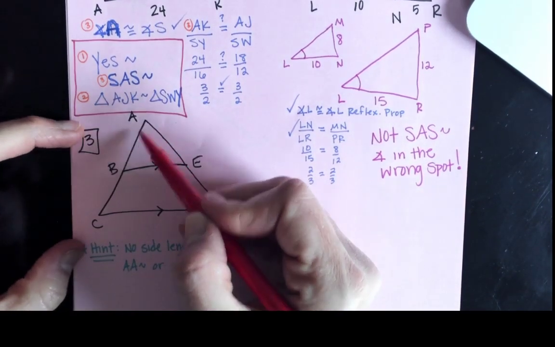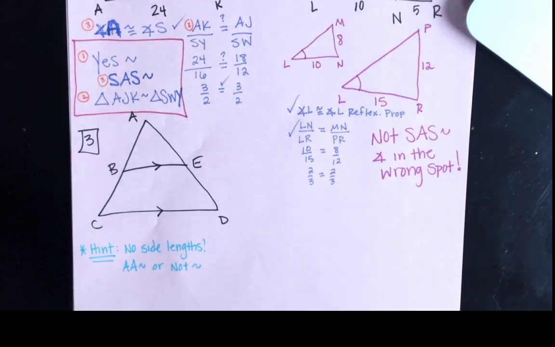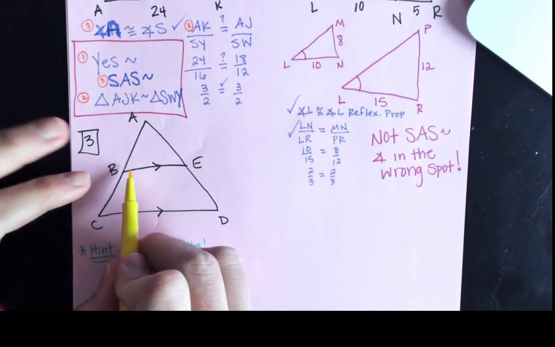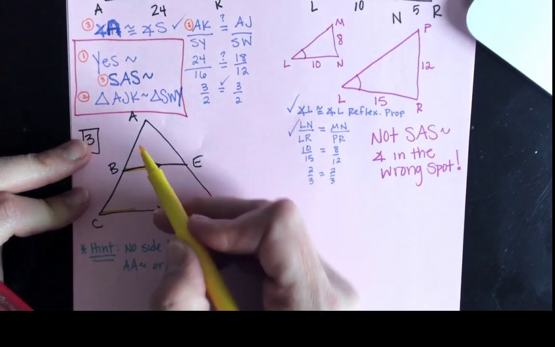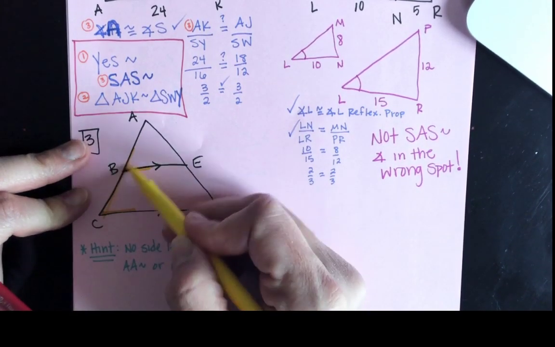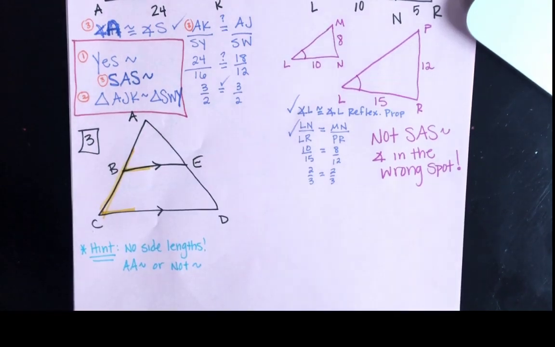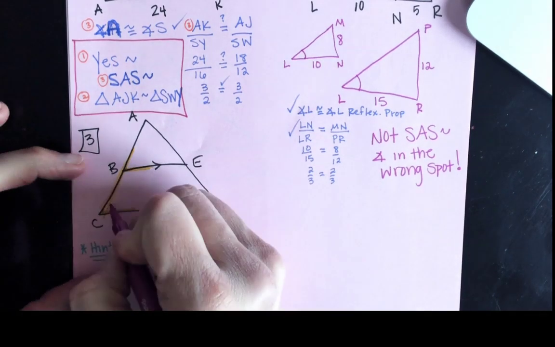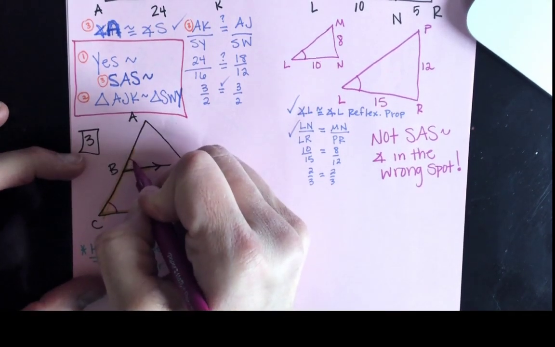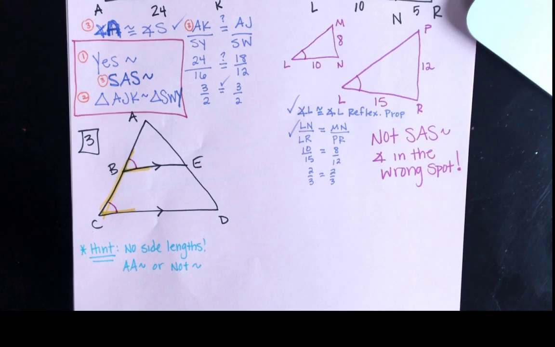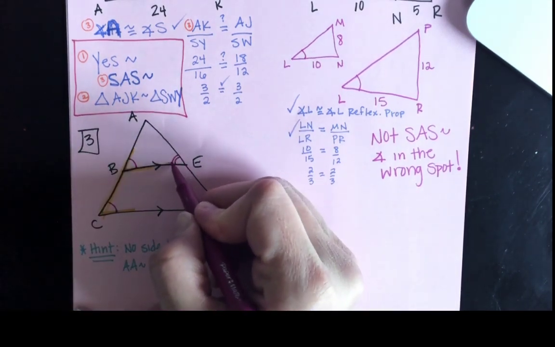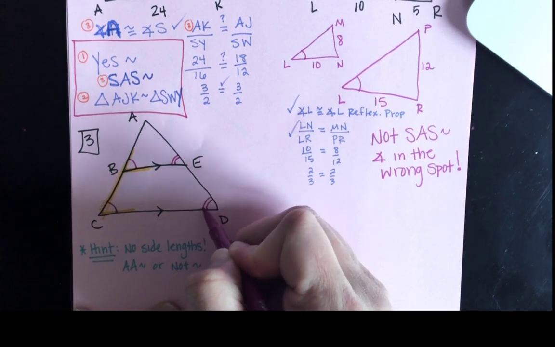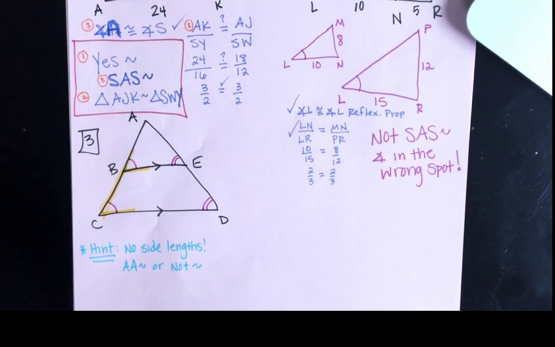Corresponding angles, when you have your parallel lines, don't forget, cut by a transversal, they will be on the same side of the transversal, and they're going to be in the same position in the picture. So I have corresponding angles right there because my lines are parallel. I also have corresponding angles right here because they're parallel.